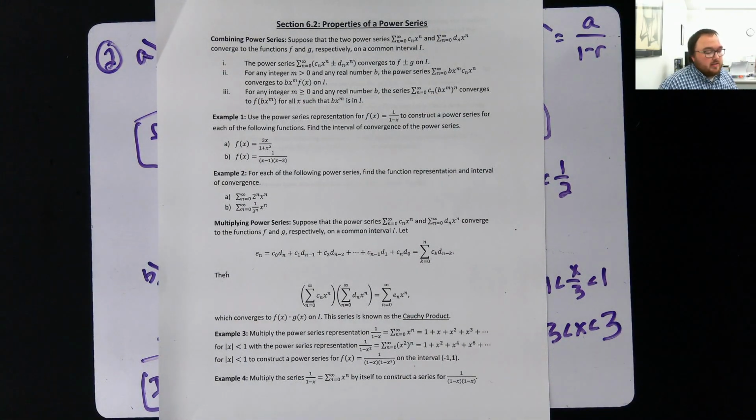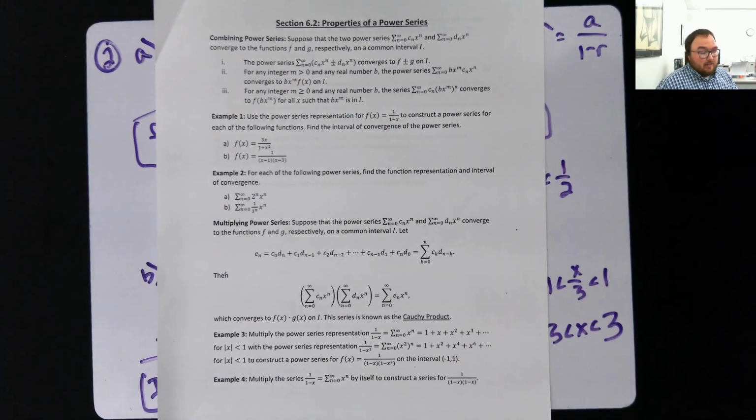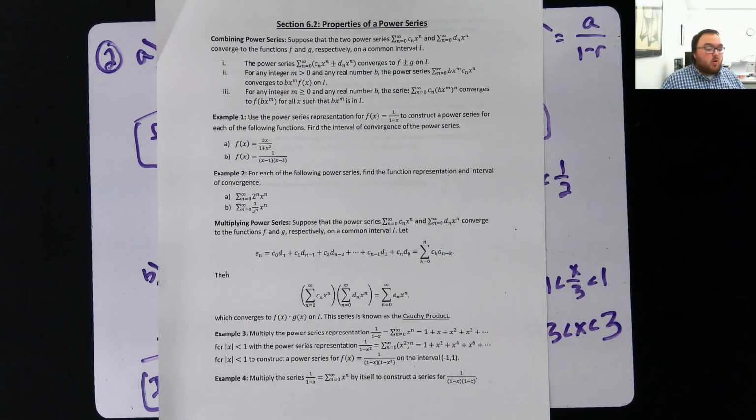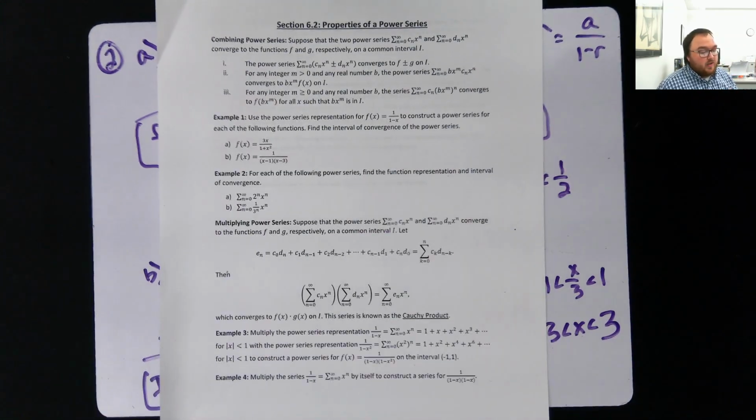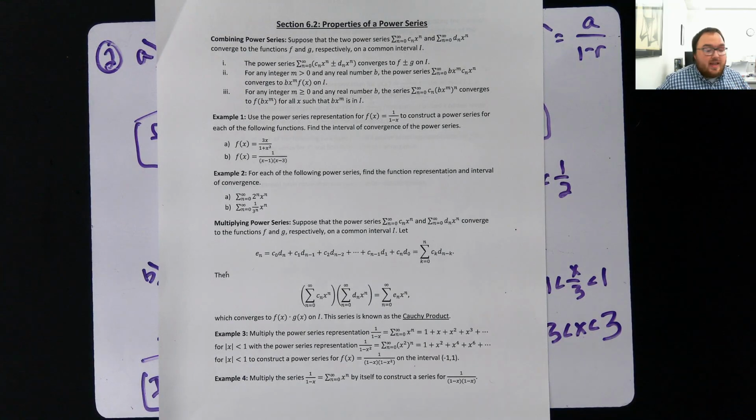Suppose that the power series, which is the sum of Cn x^n, and then another one that is Dn x^n, both converge to the functions f and g respectively over I. Then let's make this new thing that is En.